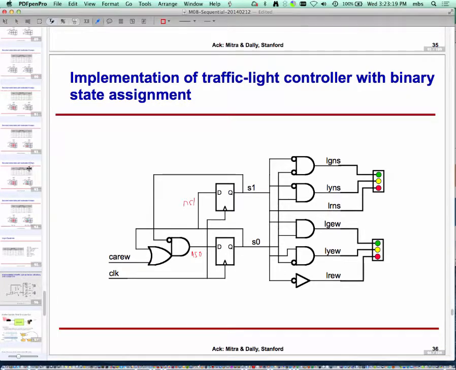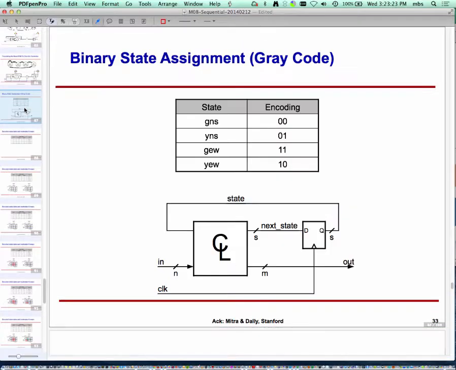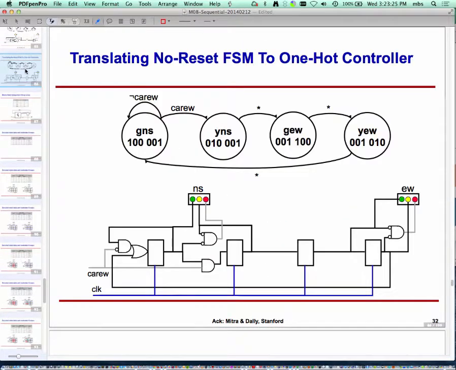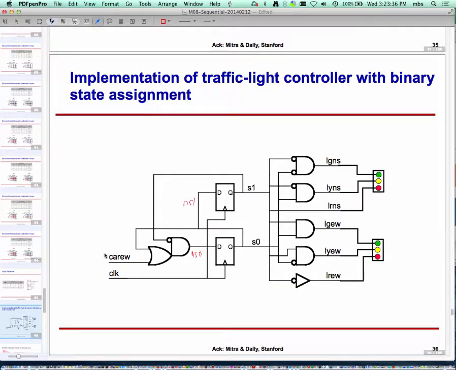So if we go back to our one-hot coded design, which had 4 flip-flops and 5 2-input gates, versus this design where I have 7 2-input gates and an inverter.